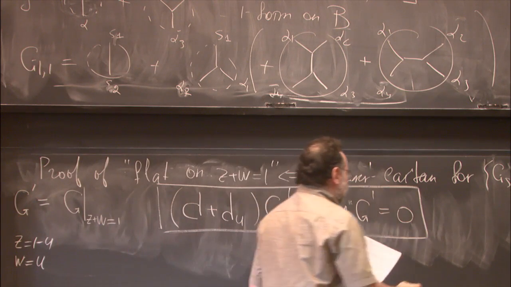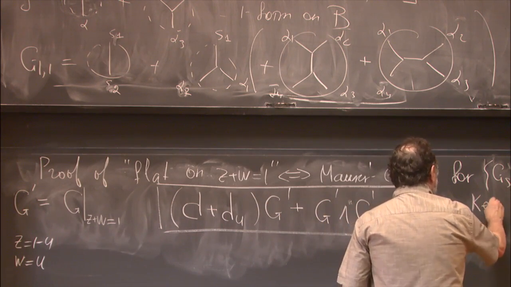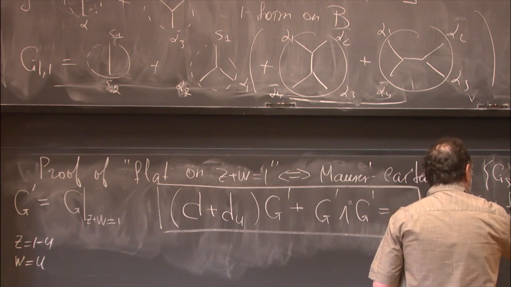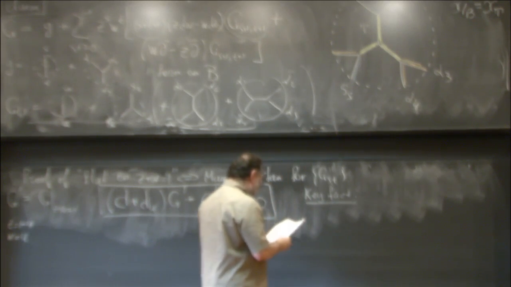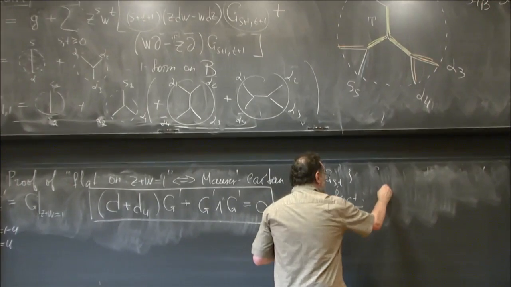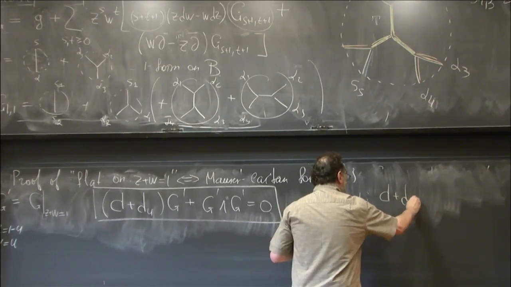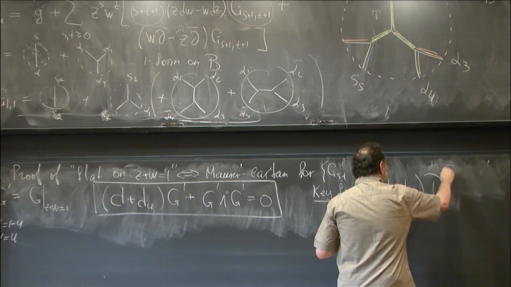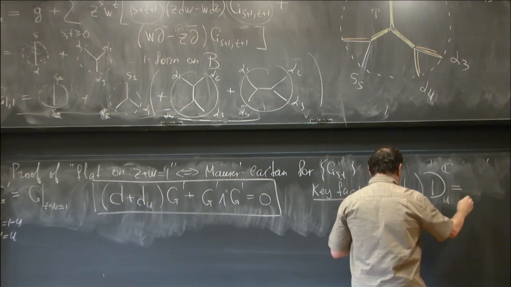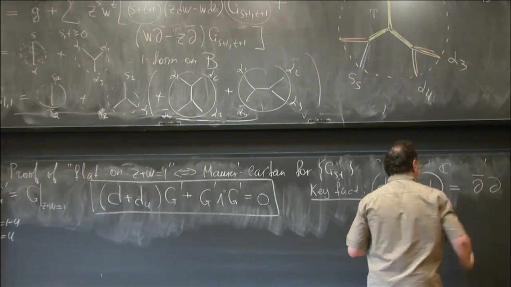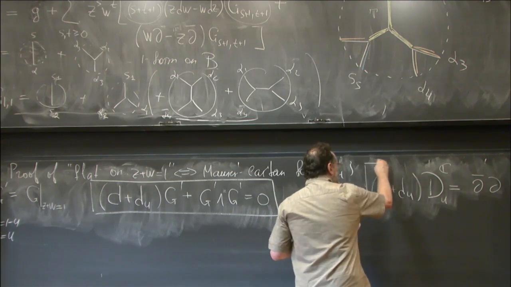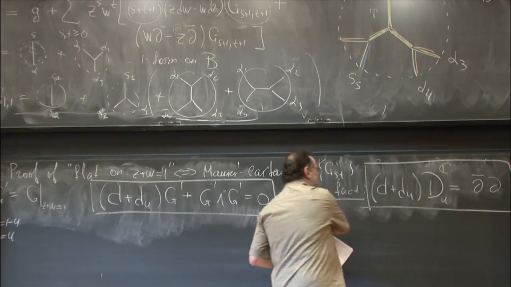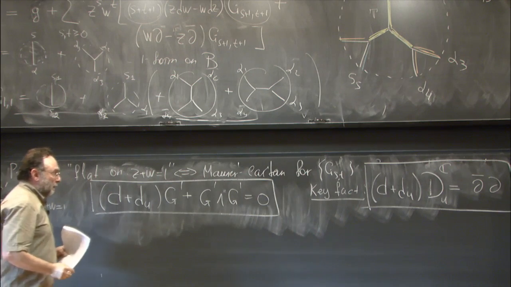So the key fact which is responsible for the proof working easily is that if you take the differential d plus du and apply it to this funny differential dc, again restricted to u, you get just d bar d. This is the reason this dc appeared everywhere.